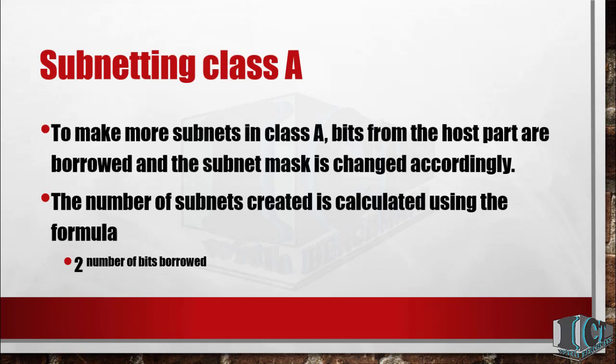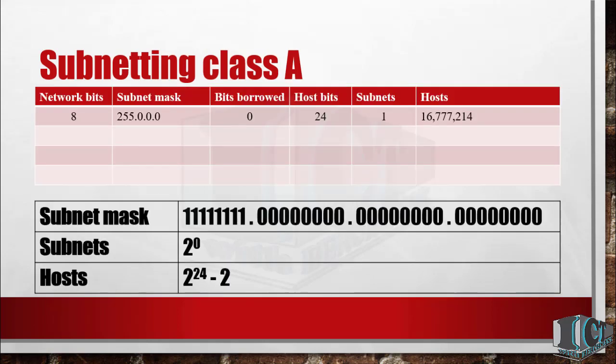Now let's look at the example for class A. I'm going to put this into a table. In the table we have the columns network bits, subnet mask, bits borrowed, host bits, subnets and hosts. Now these figures are of course very familiar to you because they are the default numbers that were discussed in classful addressing.